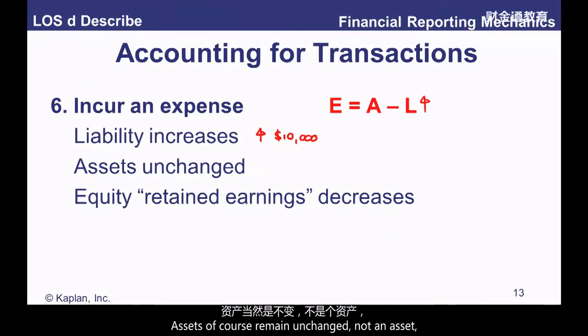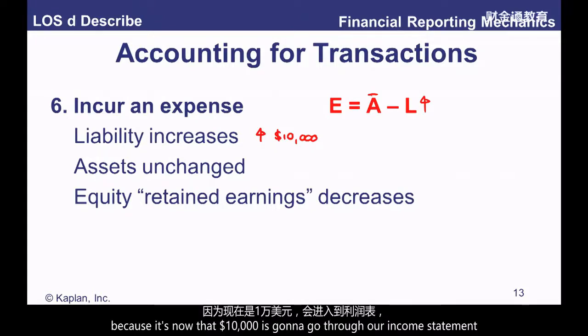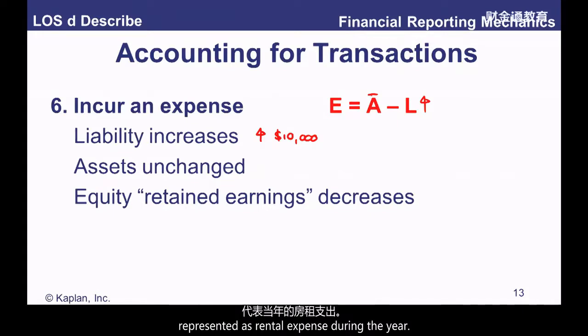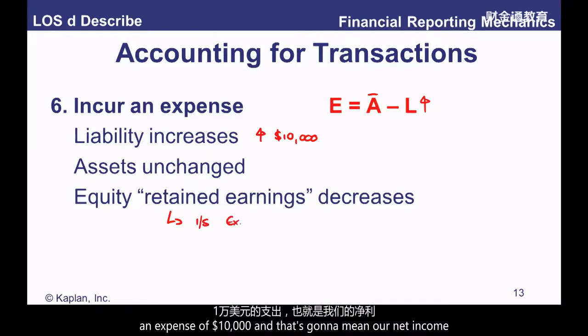Assets, of course, remain unchanged. It's not an asset. Other side of that is it's actually going to affect the income statement, because that $10,000 is going to go through our income statement representing the rental expense during the year. So it's going to affect the income statement. In the income statement, we're going to have an expense of $10,000.